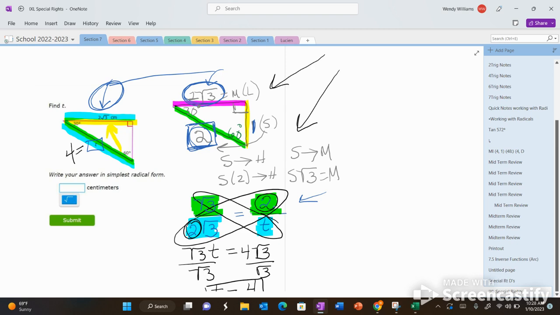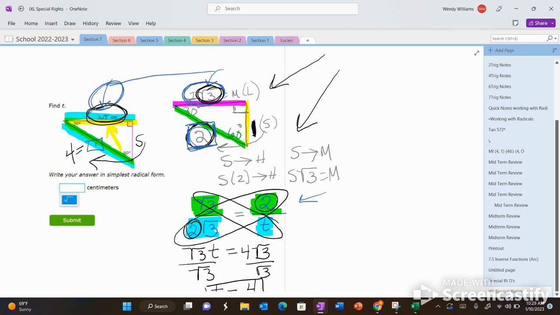Just like Mr. Reppert wrote it on the whiteboard, if you write down your patterns or look at your reference sheet and you see the patterns, 1, square root of 3, 2, you don't have to draw a triangle every single time. And once you realize what you're doing, you're going from medium to small, small to hypotenuse.